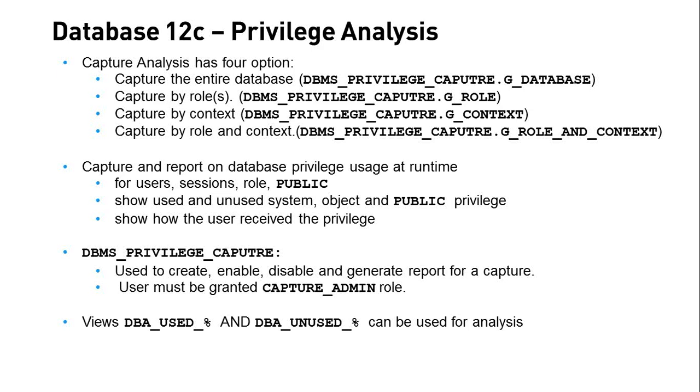The capture process is governed by the DBMS privilege capture package, and to execute this package, the user must be granted the capture underscore admin role. So you can run the job, and after a suitable interval of time to capture the privilege, there are a couple of other views, but specifically the two views you can look at, like DBA underscore used privs and DBA underscore unused privs, to reveal which privileges are being used, and more importantly, which granted privileges have not been used.